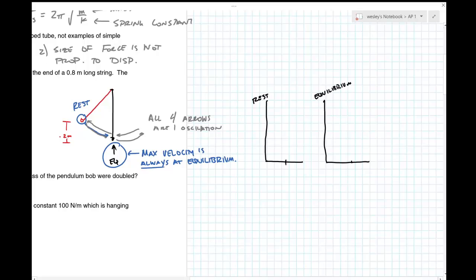Since this is a pendulum, our possibilities are gravitational potential energy and kinetic energy. At rest, we don't have any kinetic energy because we're not moving. We're up at one amplitude and we've got a height, so all of my energy is gravitational potential energy. At equilibrium, we're as low as we can possibly go, so the gravitational potential energy is 0. And at equilibrium, we've got our maximum velocity, so our energy is all kinetic.